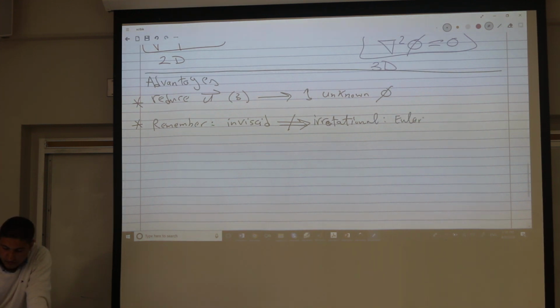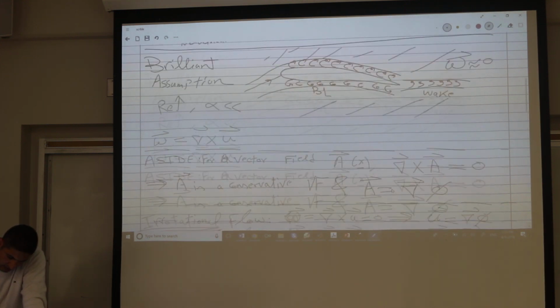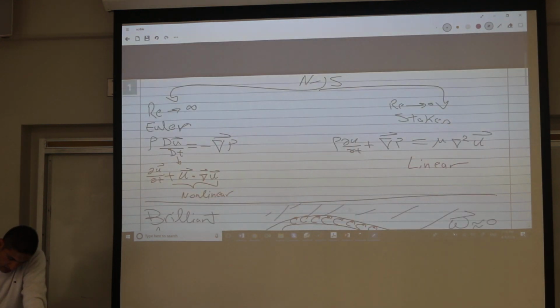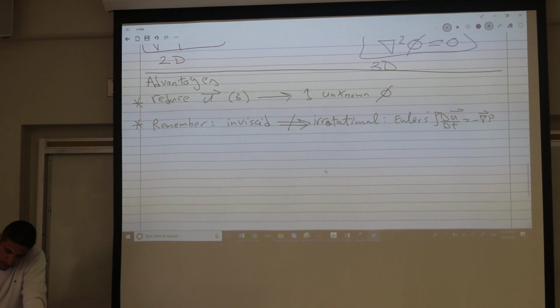So Euler's equation, which is rho du by dt equals negative nabla p. Did I miss that? Rho over there. Rho du by dt, that's correct. Okay. So rho du by dt equals negative nabla p, here omega is not 0.